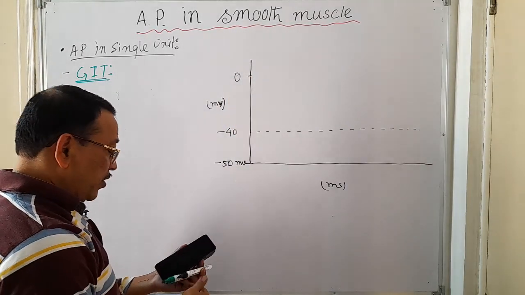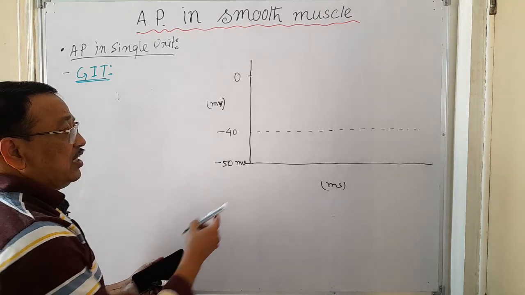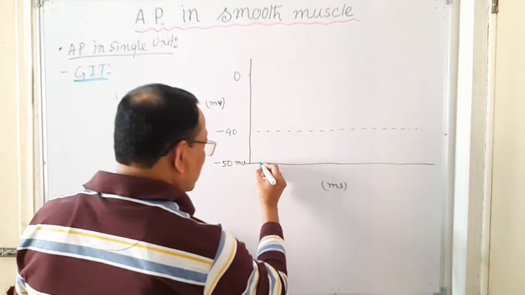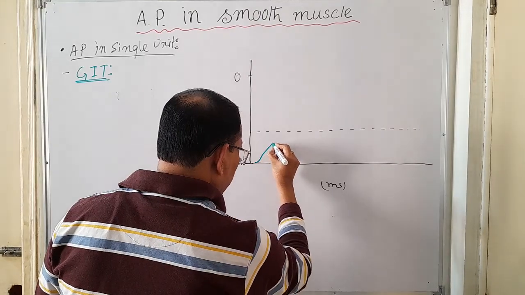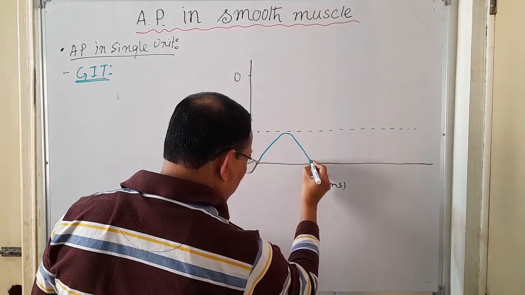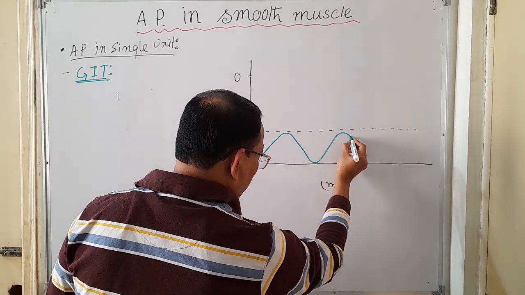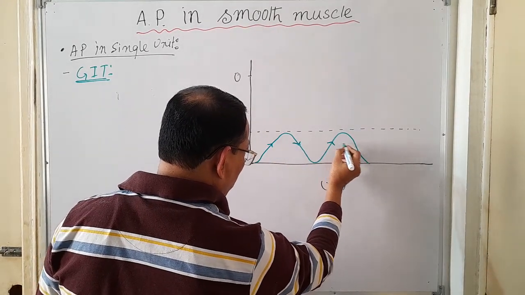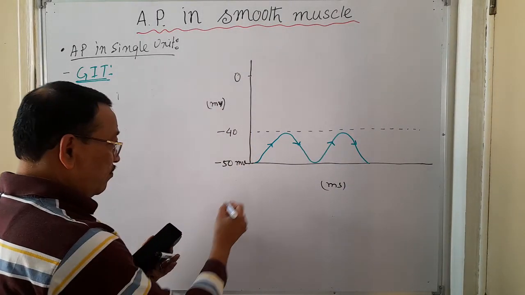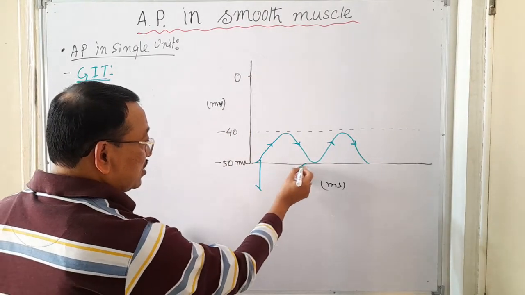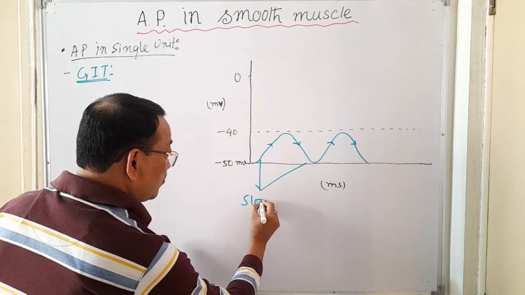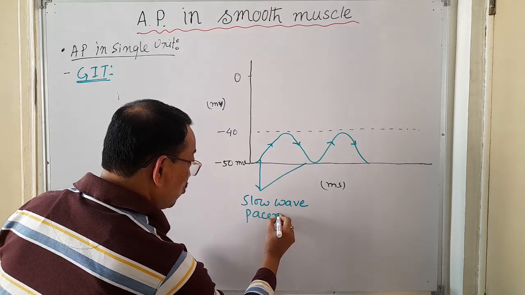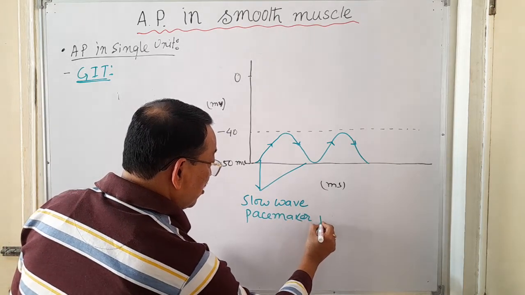Now this membrane potential that is seen in case of gastrointestinal cells is the slow wave membrane potential. And this slow wave membrane potential constitutes the slow wave, which is known as the slow wave pacemaker potential.